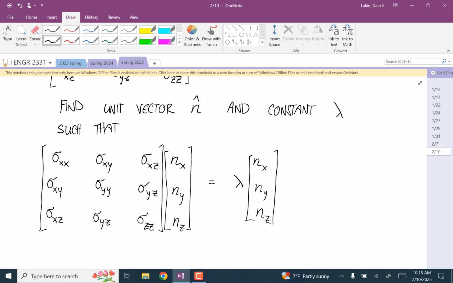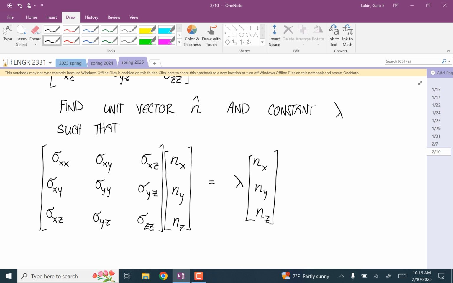And so what we're doing here is, well, what's this calculation doing? Remember, this is how you calculate tractions on a face. You multiply a unit outward facing normal times the stress tensor. So what we're saying here is, if you multiply the stress tensor by the right outward facing normal, you get back traction vectors that are parallel to that outward facing normal.